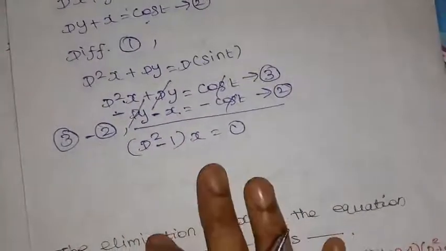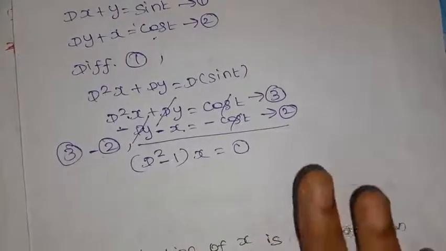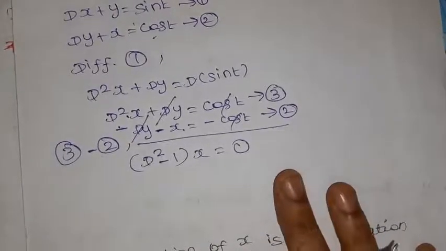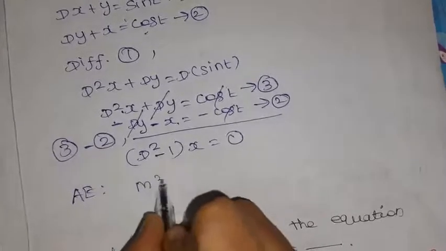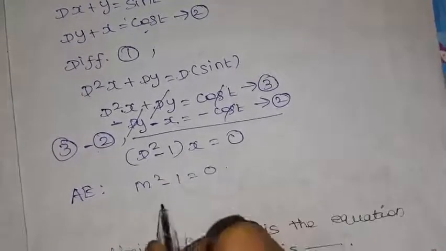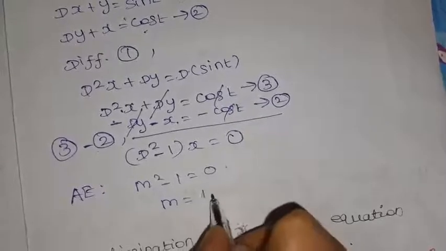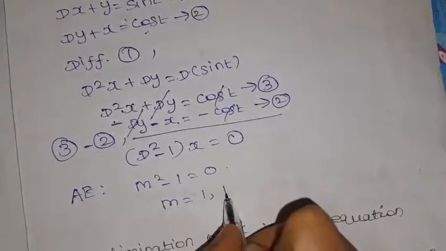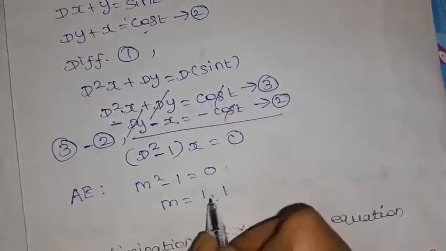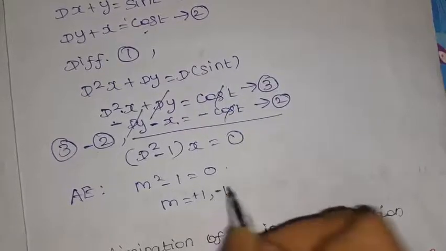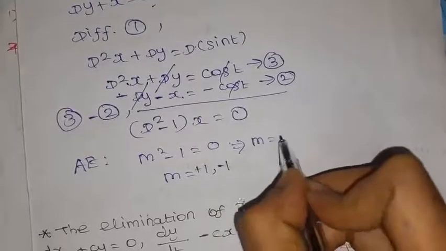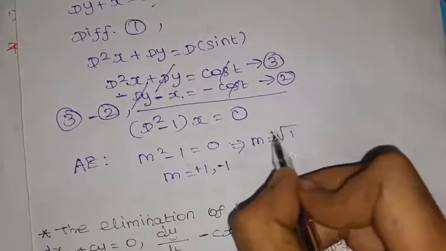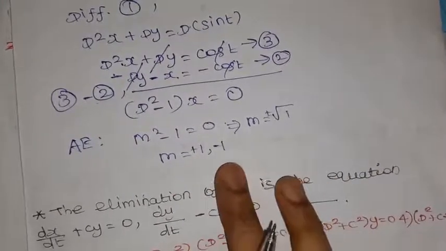Now we are going to solve this equation to find out the complementary function and the solution for x. The auxiliary equation is nothing but replacing D by m: m squared minus 1 equal to 0. We have two roots, m equal to plus or minus 1, plus 1 and minus 1.